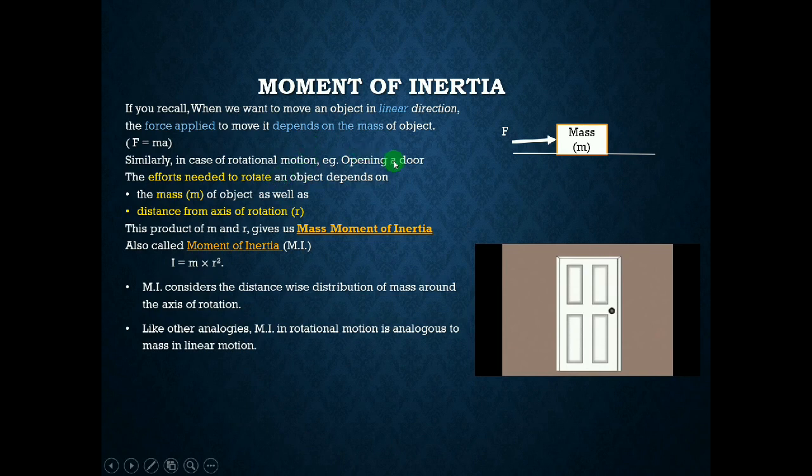It is denoted by capital I, and the formula is mr square. M is the mass of the body, r is the distance from the axis of rotation. So moment of inertia is the product of mass and r square, that is, I equals mr square.